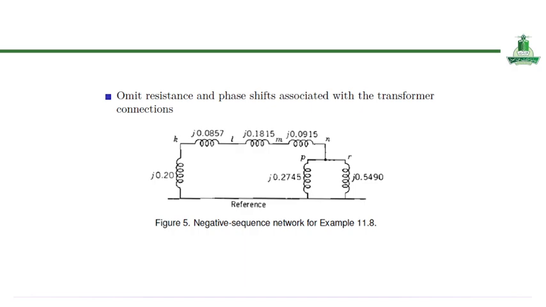So all elements are referenced to a common ground indicated at the bottom, which serves as the reference node for the network. Overall, this slide demonstrates how the system is adapted into its negative sequence equivalent to facilitate the calculation of fault currents under unbalanced operating conditions.